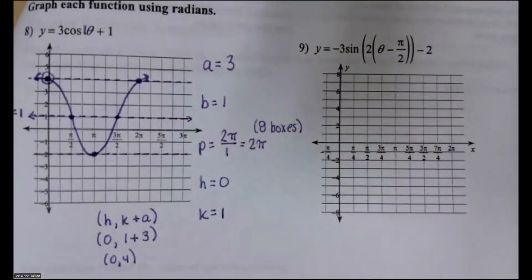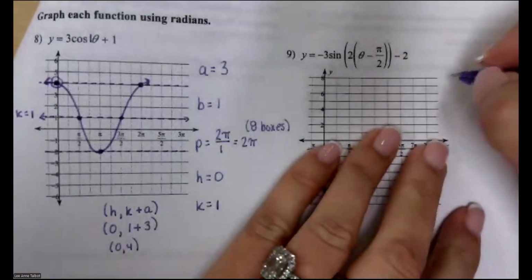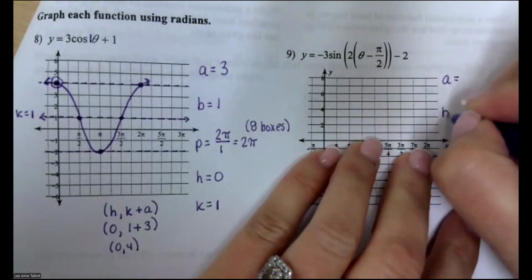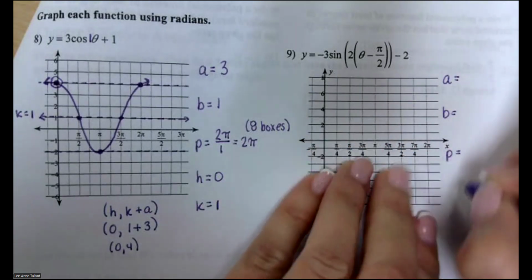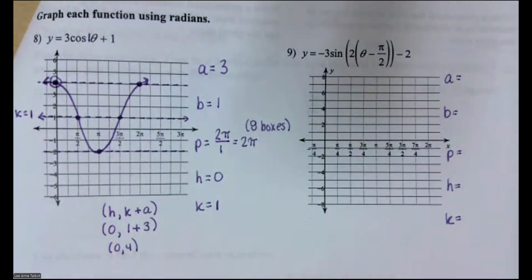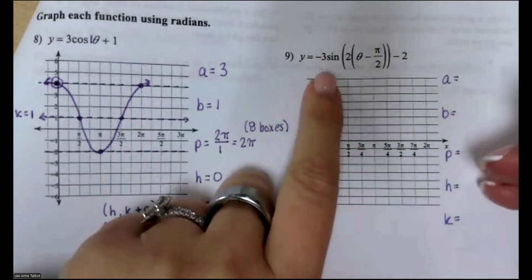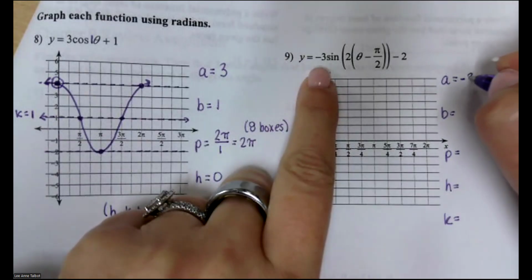Okay, number 9. A equals, B equals, P equals, H equals, K equals. A is -3.